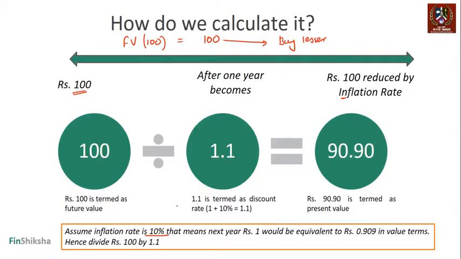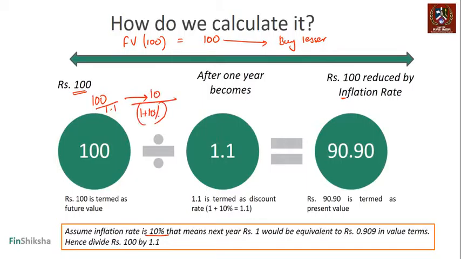So how do you look at this? You basically look at a 10% rate. So 10% is going to be equal to, in other words, your 100 today will be worth maybe around 90 next year. How do you get to that number? You basically divide this 100 by 1.1. Why 1.1? 1 plus 10%.